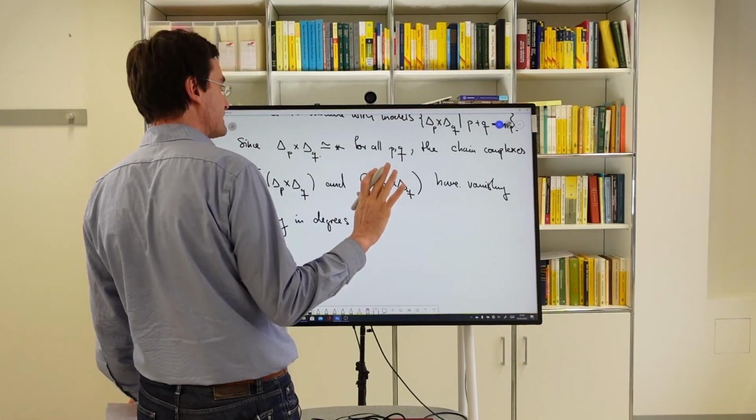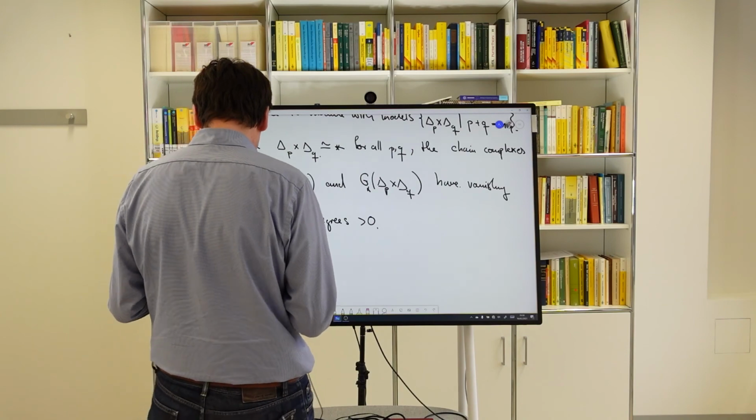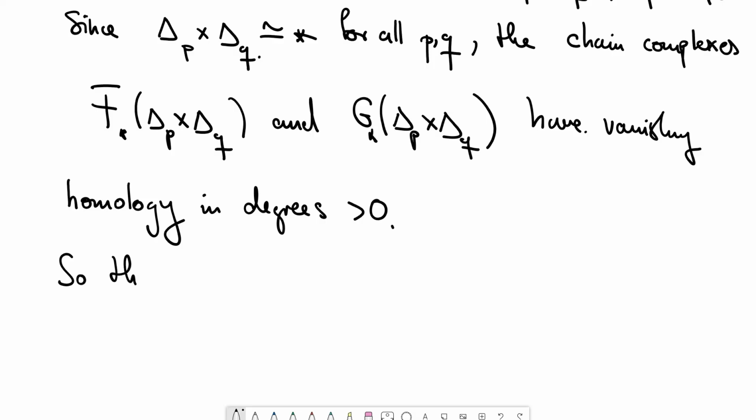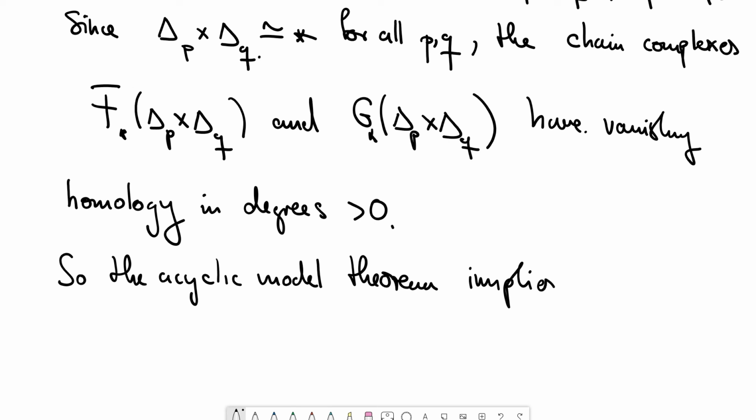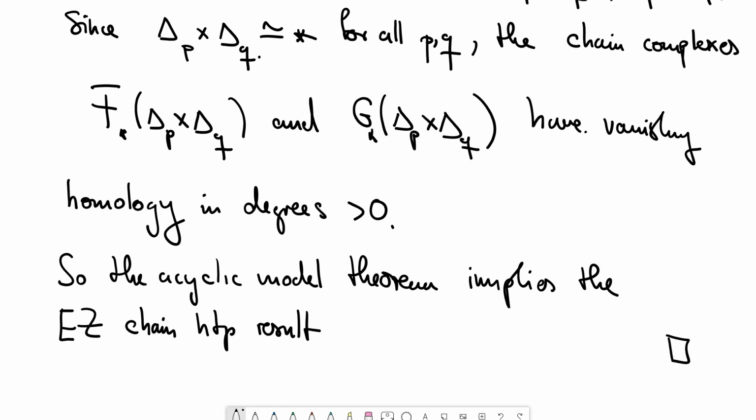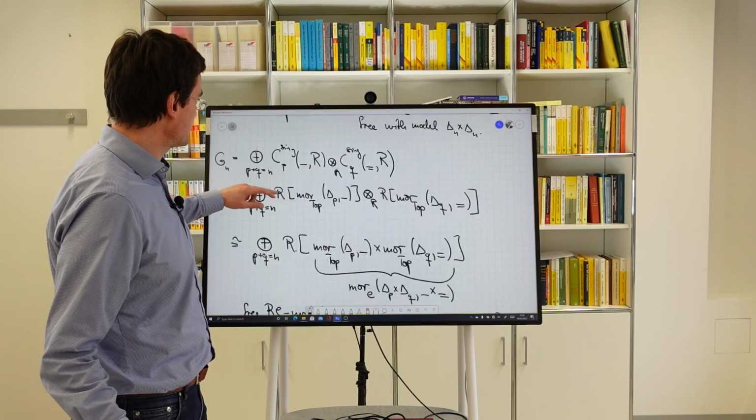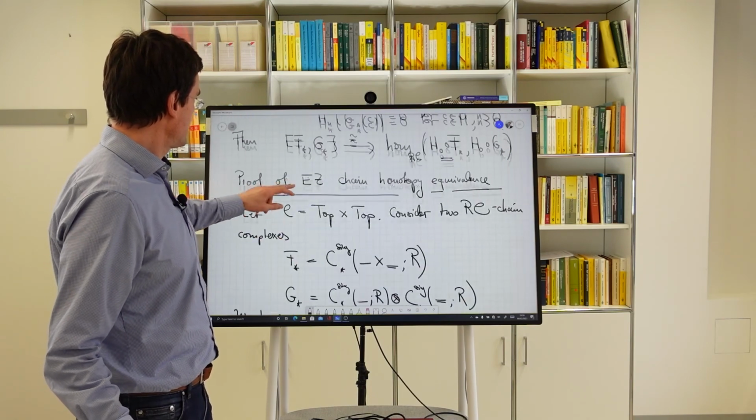Okay, so all the assumptions we need in the acyclic model theorem are satisfied. So what does it give us? The acyclic model theorem, I claim, implies what we want: the Eilenberg-Zilber chain homotopy result. This is because now I have to go back to the statement of the acyclic model theorem.